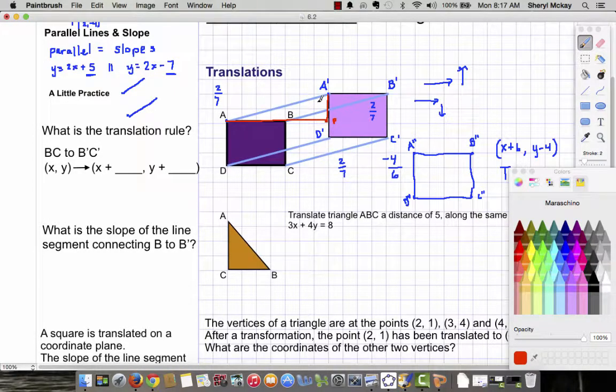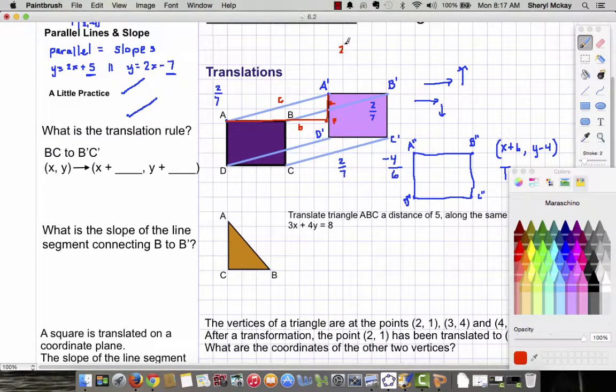Well, what do we know about right triangles? We know that the Pythagorean theorem says that A squared plus B squared equals C squared. So that means our hypotenuse is C, and we'll say that this is A, and we'll say that this is B. So what's A? A is 1, 2, right?